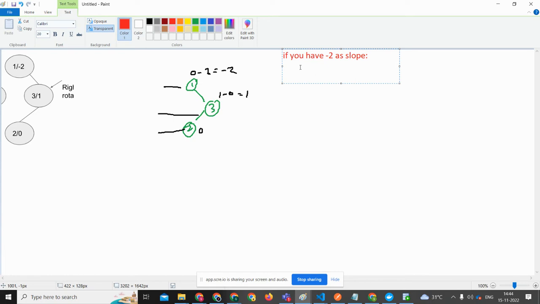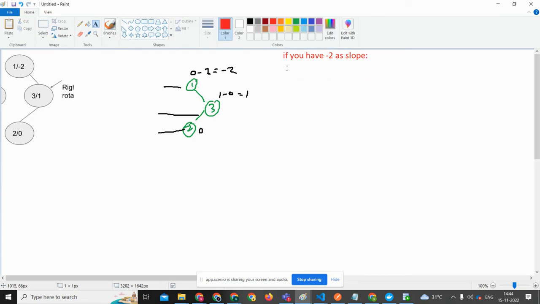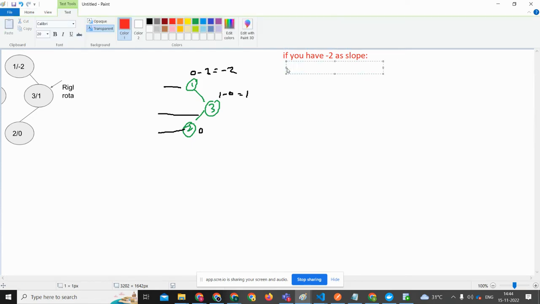Okay. And the right child is positive. If you have minus 2 as the slope, and the right child is positive, what are you supposed to do?